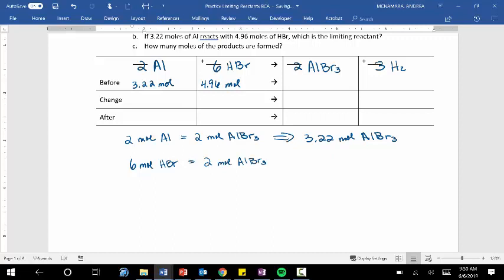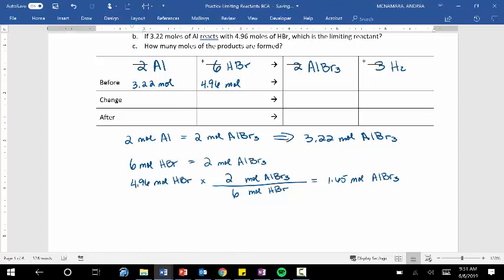I know that I'm starting with 4.96 moles of hydrogen bromide. That means I want to convert it to moles of aluminum bromide, and I want to get rid of moles of hydrogen bromide. So I have 2 moles of aluminum bromide for every 6 moles of hydrogen bromide. And when I do that math, I get 1.65 moles of aluminum bromide.